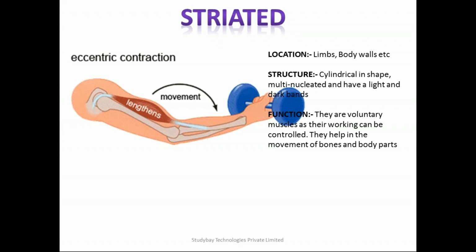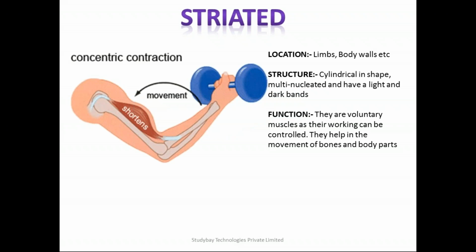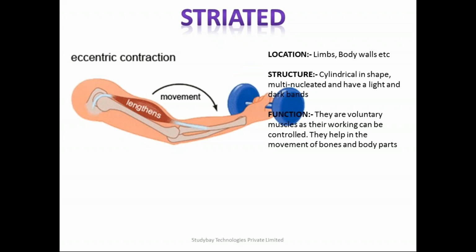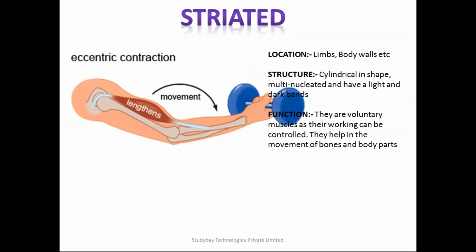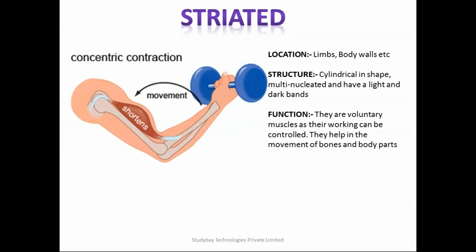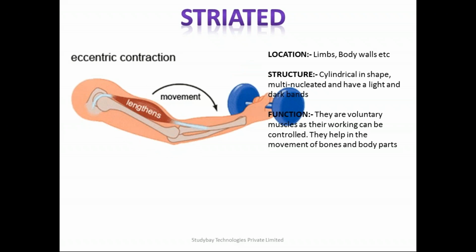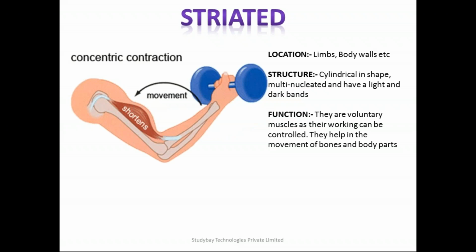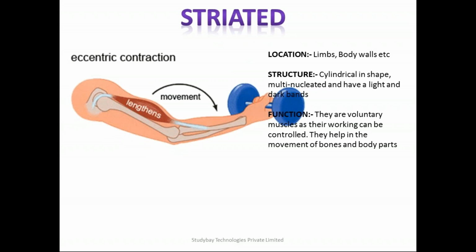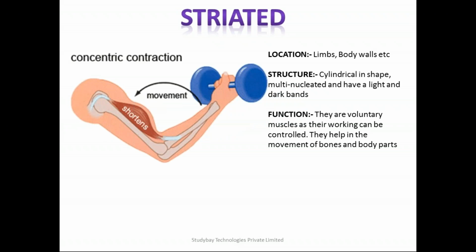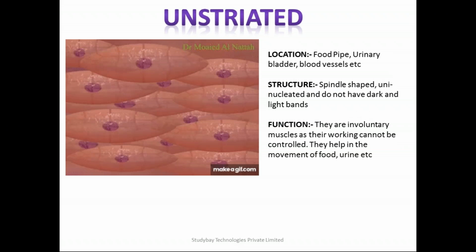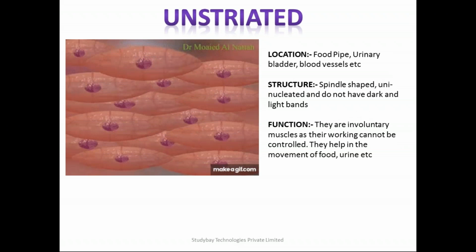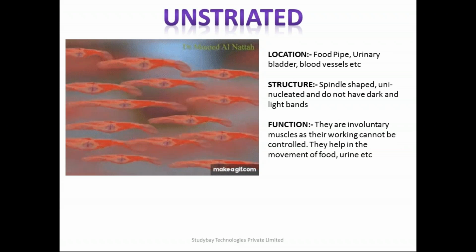The function of striated muscle is that they are voluntary muscles, as I've already told you, so you can control their usage and movement. They help in the movement of bones and the rest of the body parts, for body movement and lifting heavy objects and so on.